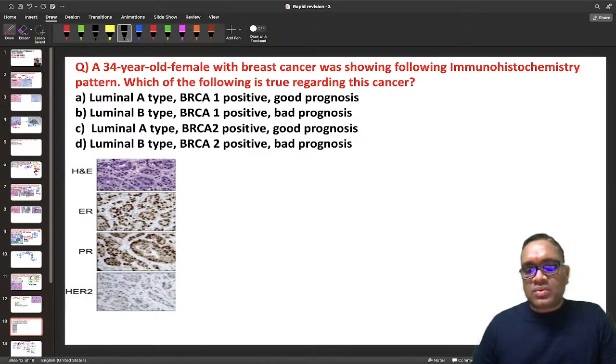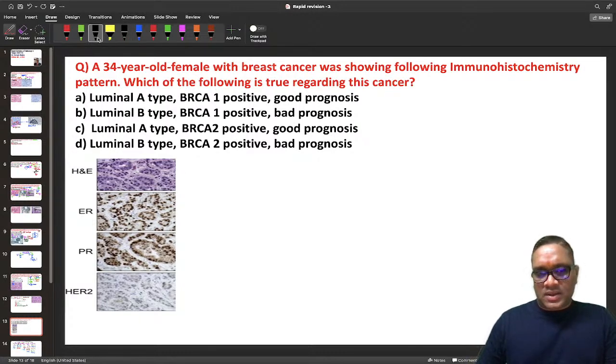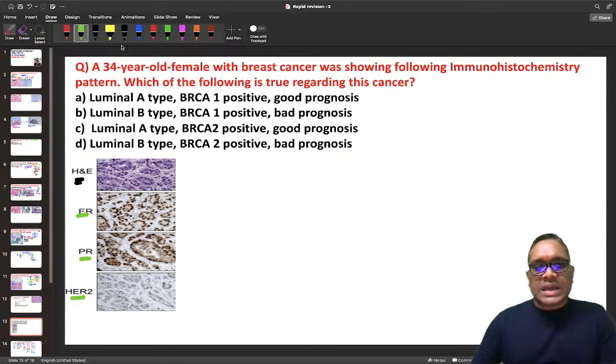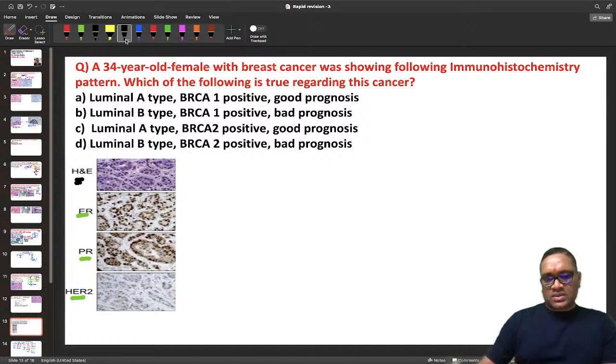See what I am showing you, breast cancer. This is the HE section, and then you can see there is ER, PR and HER2. Whenever you find brown color, that means it is positive. So it is ER positive and PR positive.